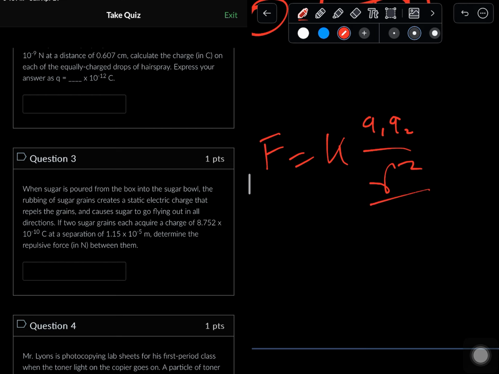And you know R, you know Q1 and Q2 are the same value, you know K. All you are doing is solving for the force. And so substitute it back into this equation, and you will find your answer. K, once again, is 9 times 10 to the power of 9.